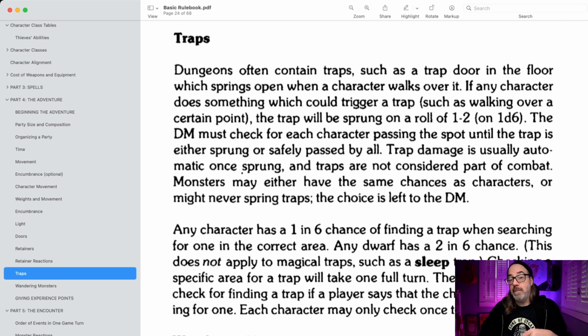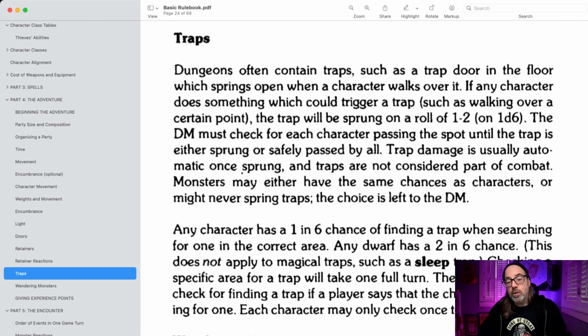There's lots of reasons why a trap might not go off, and I like this idea because not only does it mean that the first person doesn't always set off the trap, which can be really interesting if the fourth person in line does, but it also gives a reason the trap might not already be sprung if it's in a place where there are active monsters.